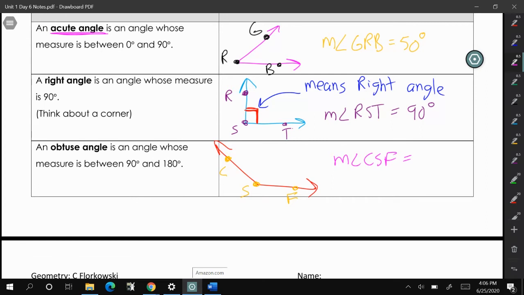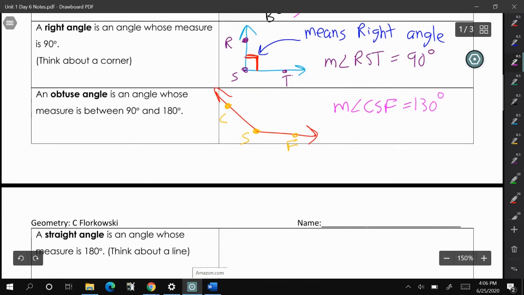So as long as it's more than that, we're okay. So let's say it's 130 degrees. So those are the three types of angles that you will need to know how to recognize. Acute, angles that are less than 90, right angles, which are exactly 90, and obtuse angles that are between 90 and 180 degrees.